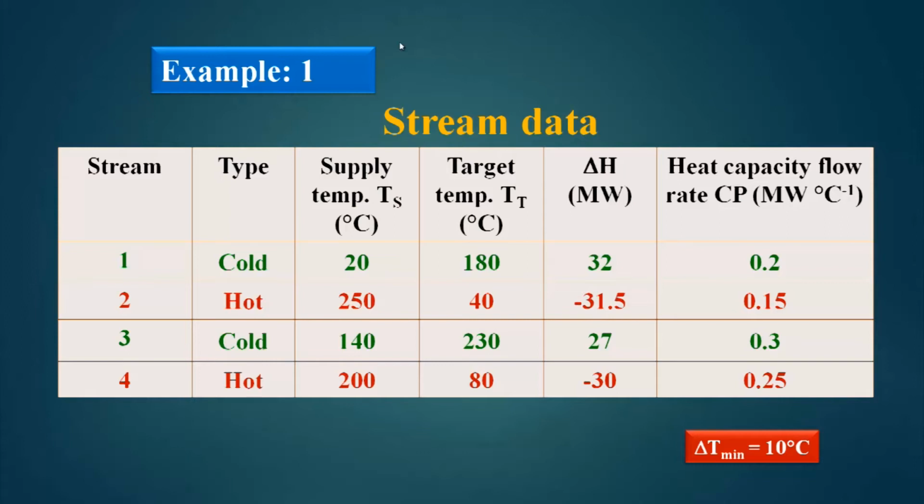Then the whole network is operated at that delta T minimum optimum value, because the required heat transfer with that particular design operating at that value will take minimum cost to transfer the heat.